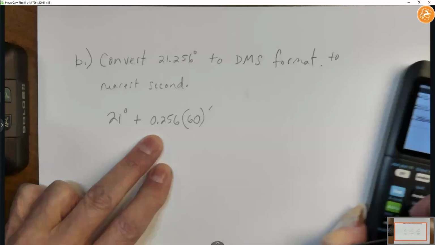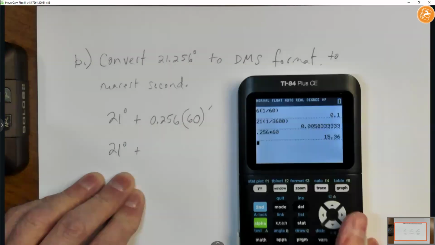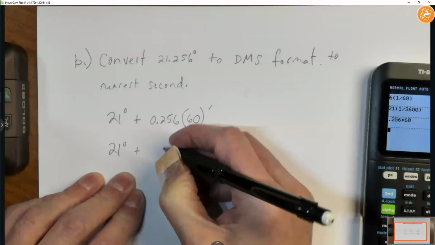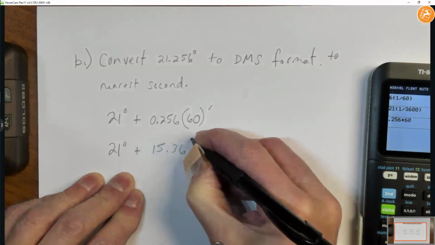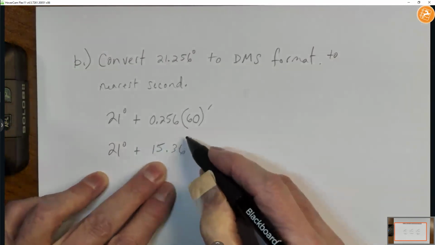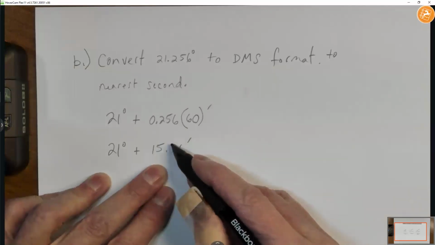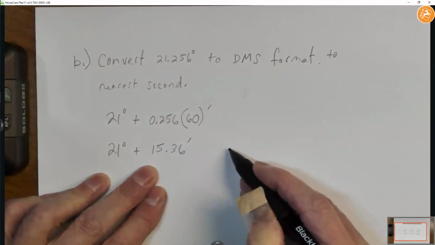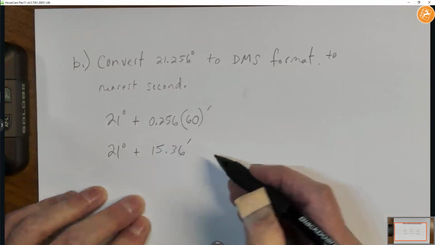And we still have a decimal part. So we've got 21 degrees plus 15.36 minutes. Okay, now we don't have seconds yet, but remember we've already multiplied this by 60 once, so we have to multiply the 0.36 by 60, because that's the portion of the minutes that are seconds.